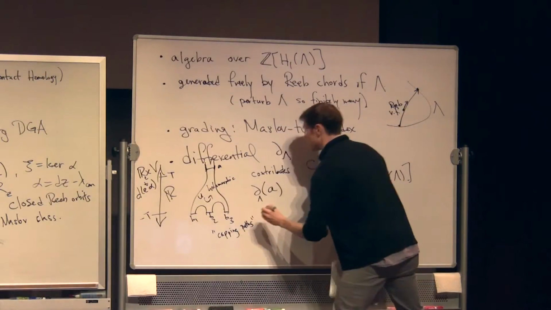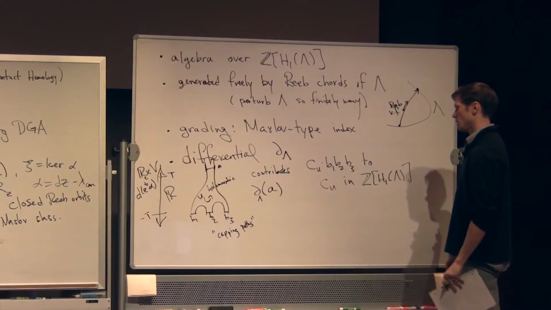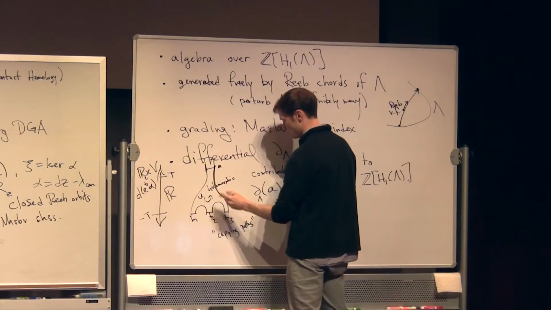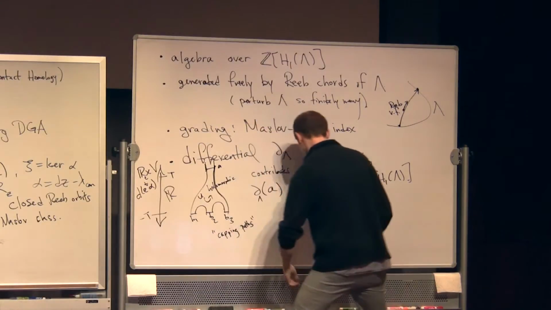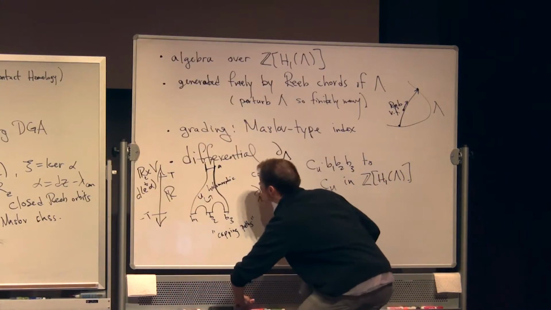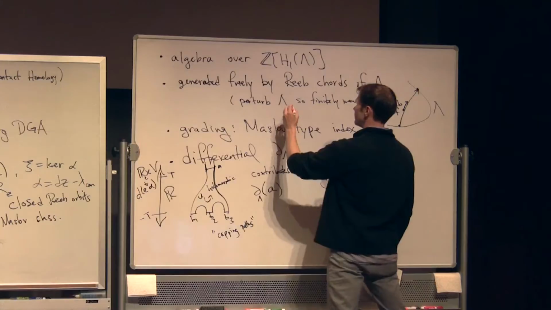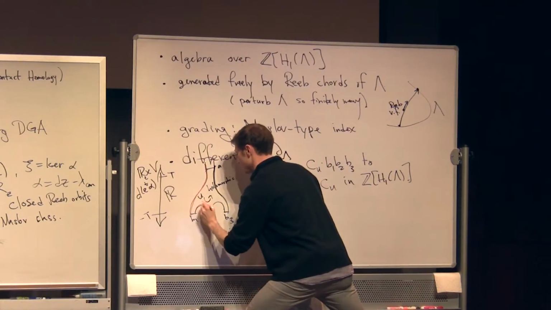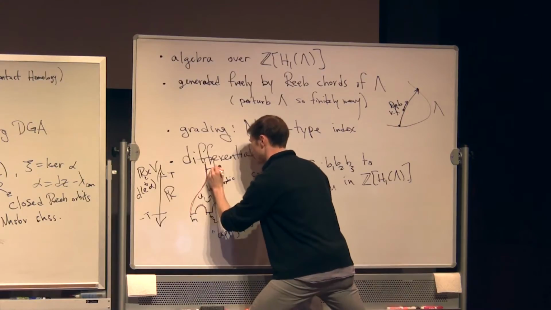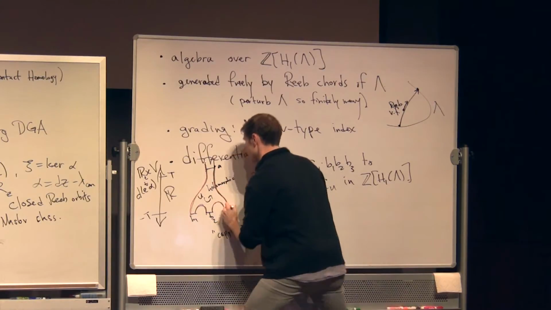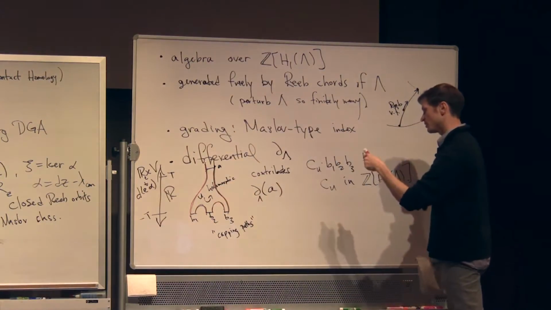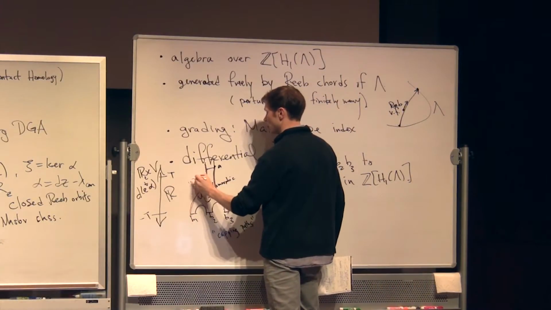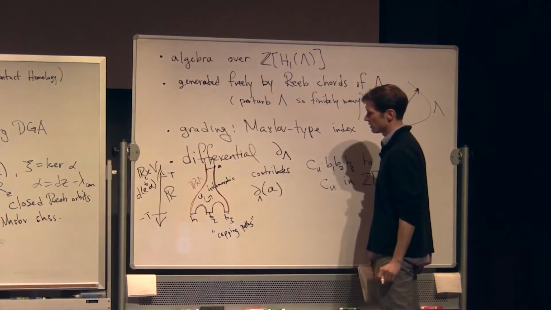In the Legendrian, and then when you, oh, look what I've done. If I look at the boundary of my disk minus those punctures on the boundary, this needs to be sent to R cross lambda.